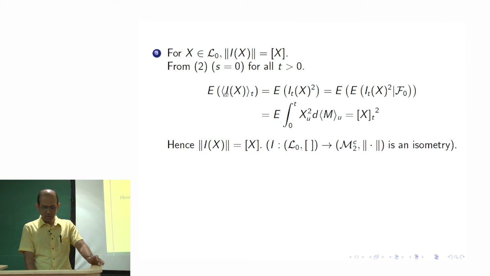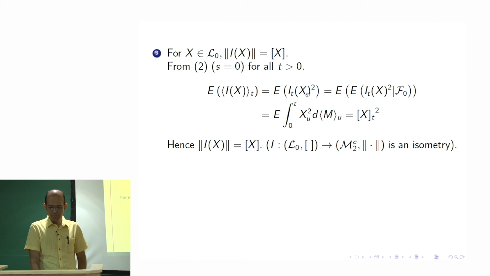The expectation of I x t whole square, conditioning on F0 and using the earlier result, is the expectation of the integration of x_u square dμ_u, and that is by definition the norm at t.